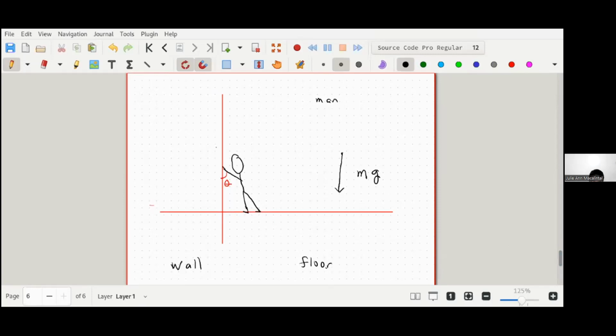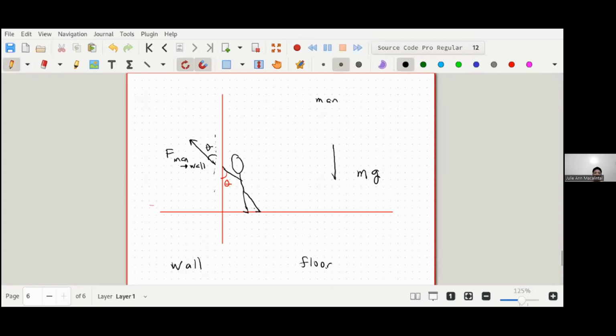So, yung wall makakaranas ng force na, actually hindi lang upwards eh. May angle yan. Ito. So, ito yung force due to the man. Ito yung angle. Tapos, yung man may forces exerted on the floor. Yeah, ayusin lang natin.